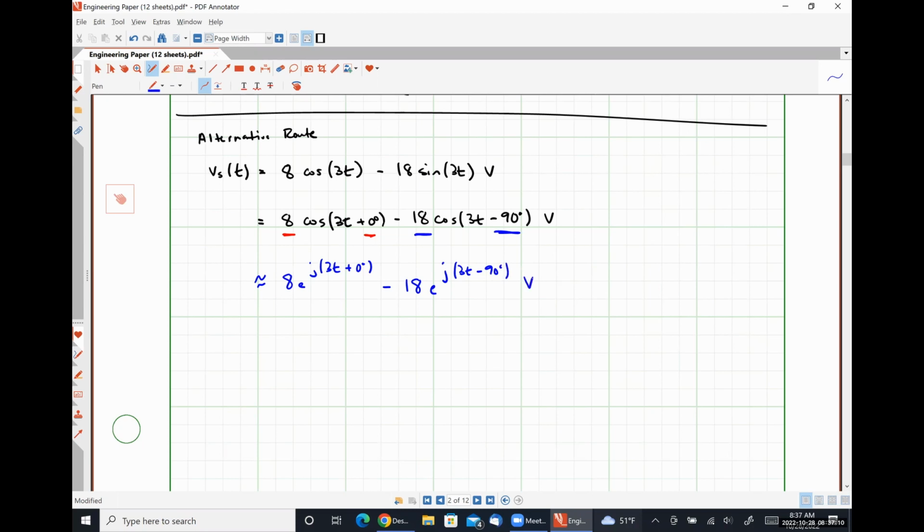And we can throw an approximation of that into our calculator using a polar form complex number. So 8 angle 0 minus 18 angle minus 90 degrees.